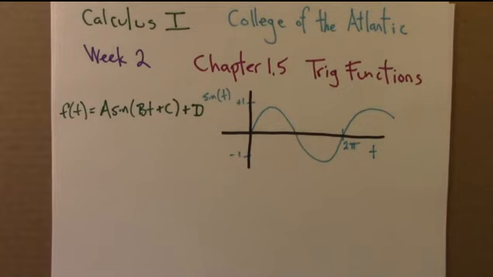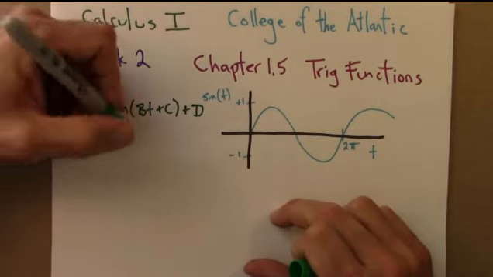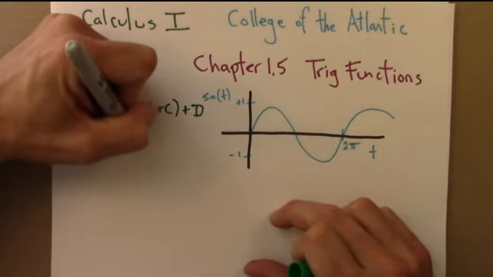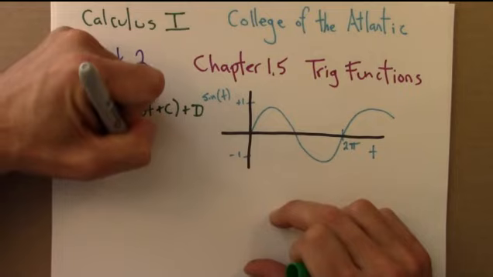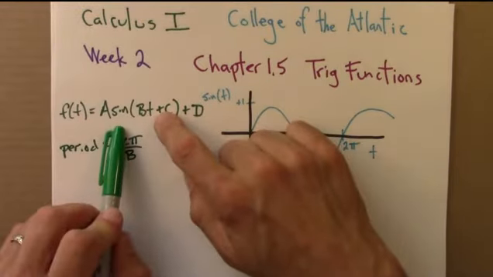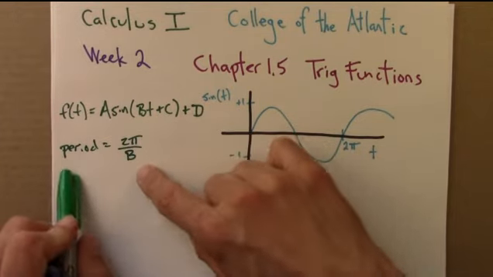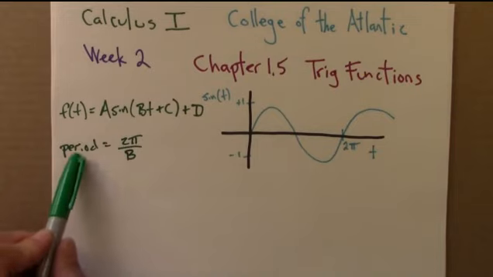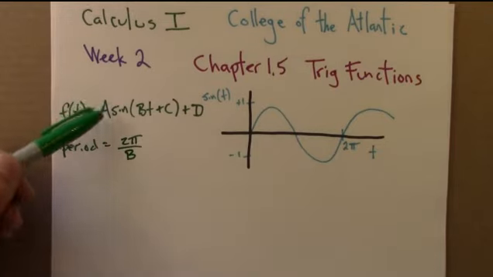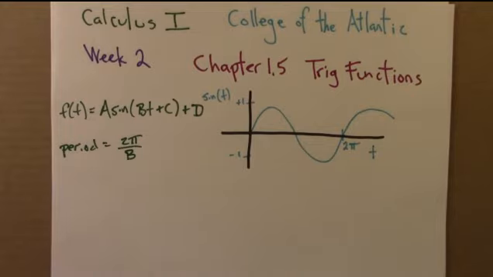So that tells me that the general period is 2 pi over b. So if you're handed a trig function that's not exactly t and you want to know what the period is, you use this formula. If you have a particular period in mind and you want to build a trig function that has that period in it, then you use this formula and you solve for b and put it in there.